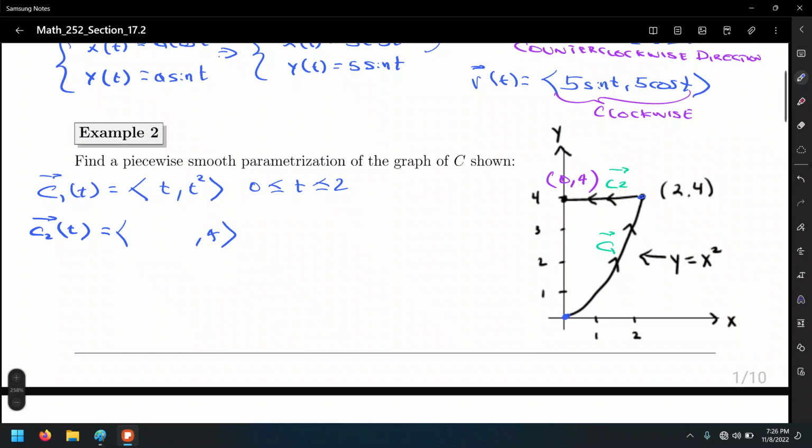Negative 2, and that's very important. Direction matters because we're going, check the arrows, we're going in this direction. So yes, it's 2 units, but to the left, not to the right. So that means that has to be negative 2 times t.